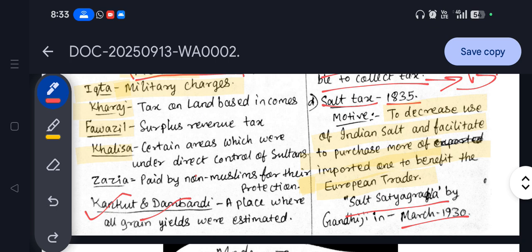Then he took a pinch of salt from the land and kept it on his tongue, and this broke the tax on salt.